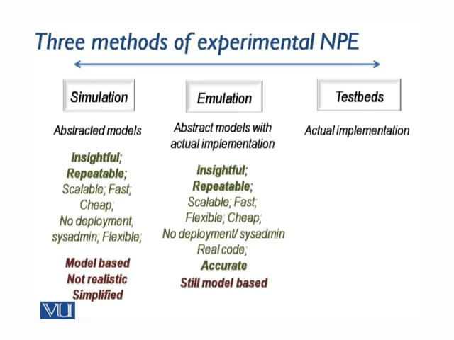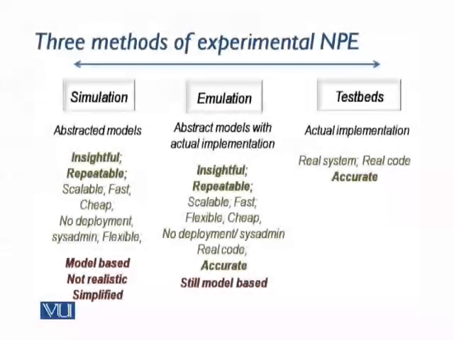But then it is also model-based. Aspects of networks are still modeled or emulated, and in that sense, we're not going to have a completely realistic representation of reality. If we want to have a completely accurate and realistic depiction of the real system, we have to work on the real system.